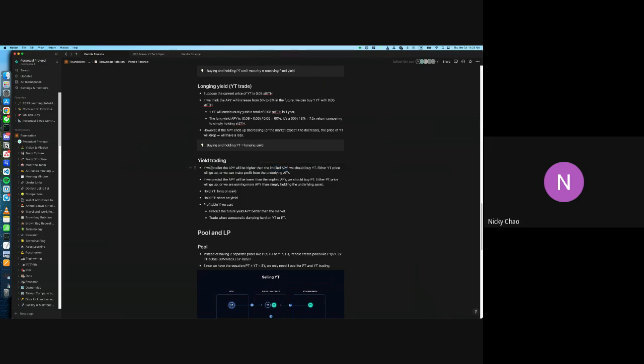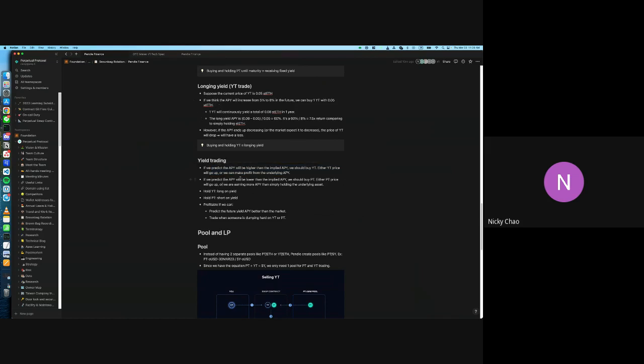So if you predict the APY will be higher than the implied APY, you can buy YT, because either the market will slowly predict the APY will be higher, so the price of YT will go up and you can sell it for profit, or you can just hold the YT and enjoy the higher APY of the underlying assets. So this is the strategy right here.